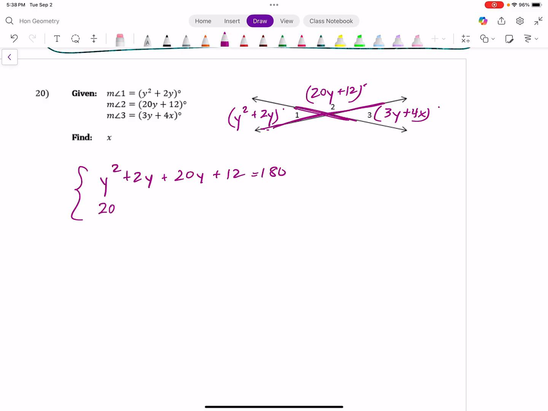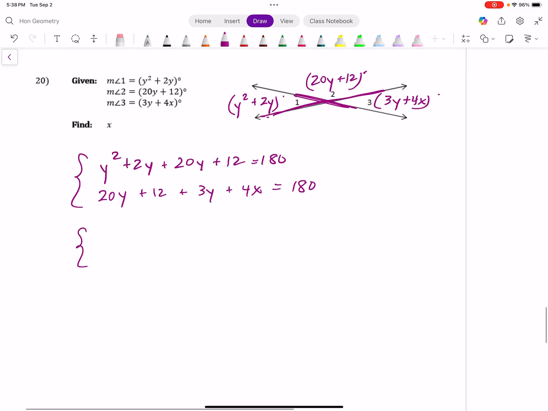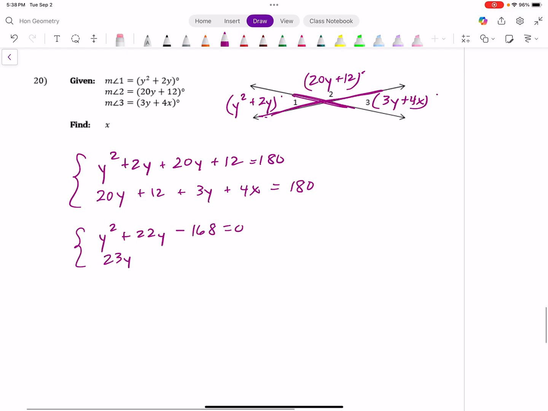So I know that 20y plus 12 added to 3y plus 4x also has to equal 180. So let's clean up what we've got right here. That's going to give us y squared plus 22y minus 168 equals 0. And then this one down here, I've got 23y plus 4x.